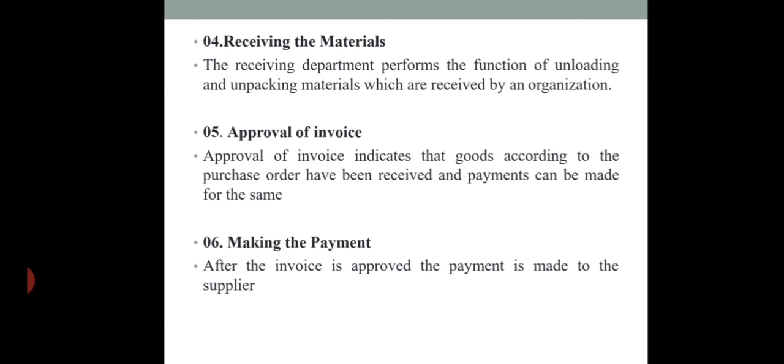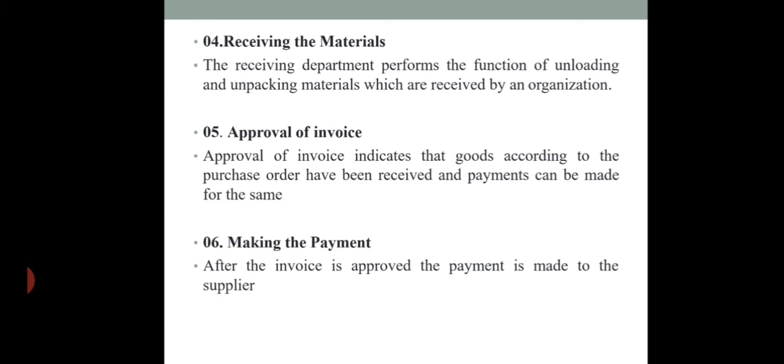Once the order is placed, the supplier supplies the goods. In the organization, the storekeepers, the stores in charge, receive the materials based on three things: the purchase order, the delivery challan sent by the supplier, and the invoice bill.